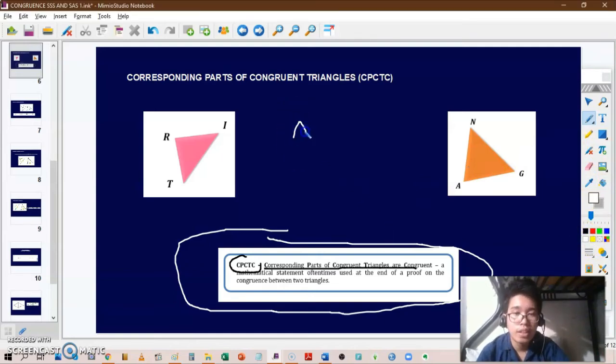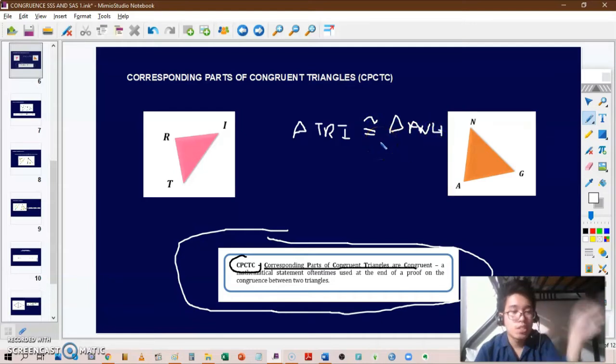Let's say, for example, again, that triangle TRI is congruent to triangle ANG. Since these two triangles are congruent, therefore their corresponding parts are also congruent based on CPCTC, or the corresponding parts of congruent triangles are congruent postulate.